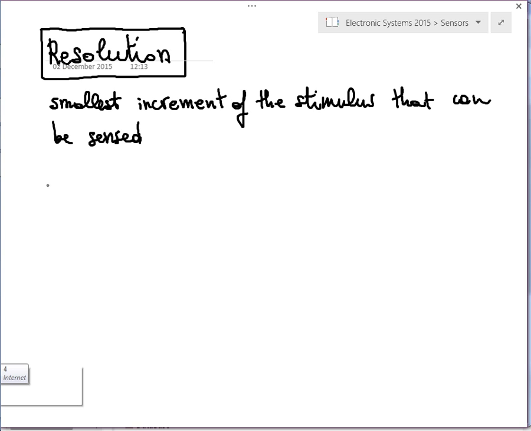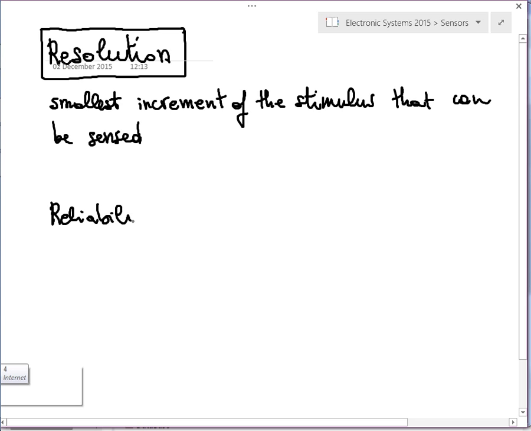Of course, it's more easily true for digital sensors, because for digital sensors you have a finite number of bits, and then in that case it's pretty easy to evaluate the minimum quantity that allows you to change the least significant bit. And so in that case the resolution really depends on the number of bits that one has available. So in this case there is a difference.